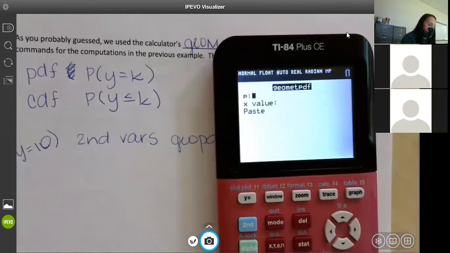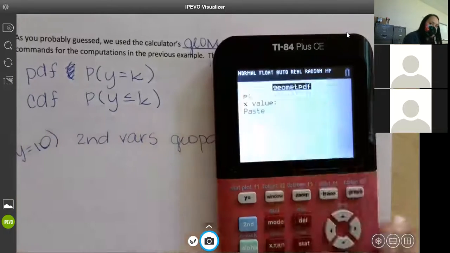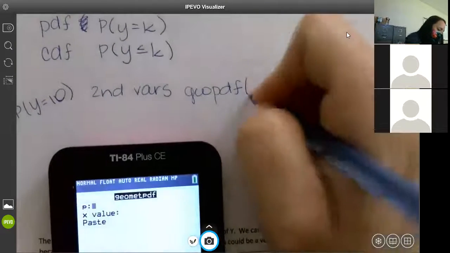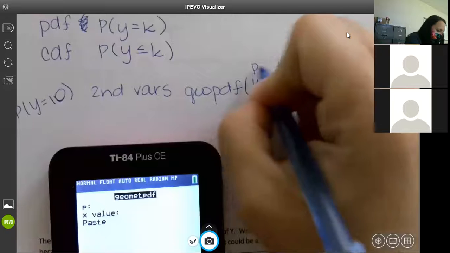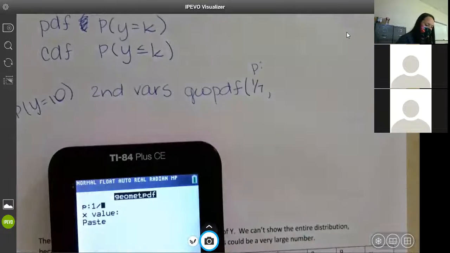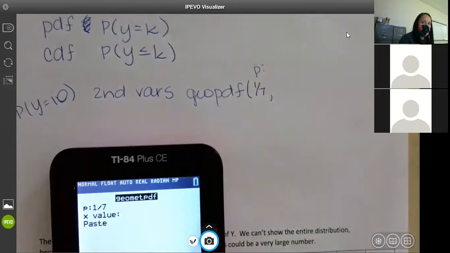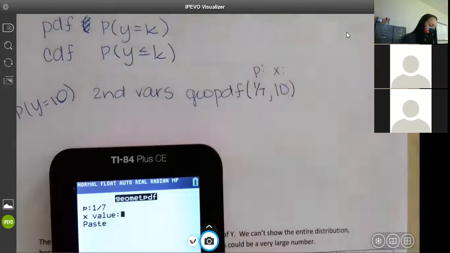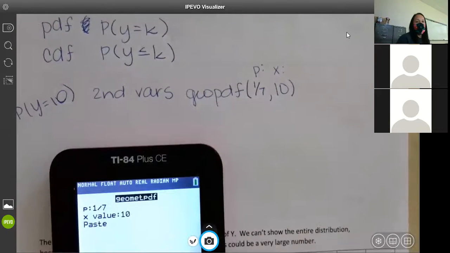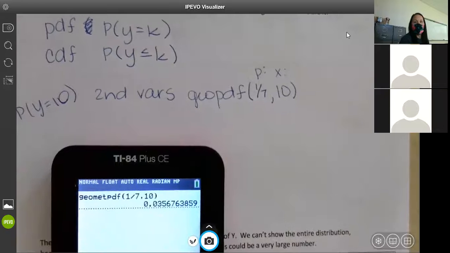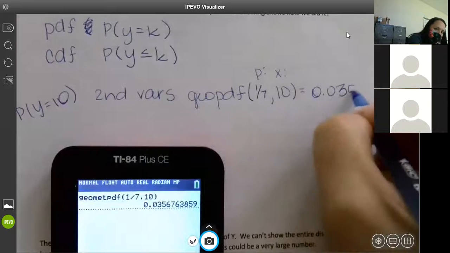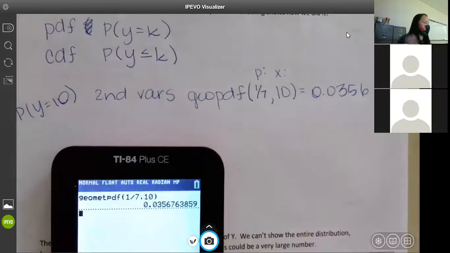And then what's your probability of success? 1/7. And then what was your X value? We wanted exactly how many? 10. We paste that in there and we get 0.0356, just like we did before. And you can do 5, 7, or whatever, it doesn't matter.